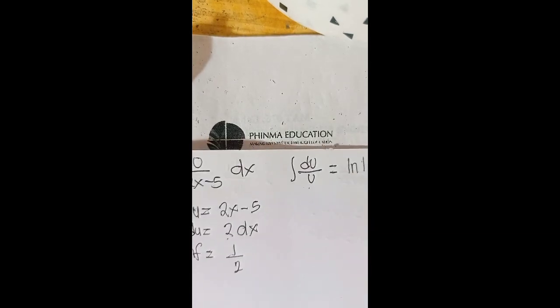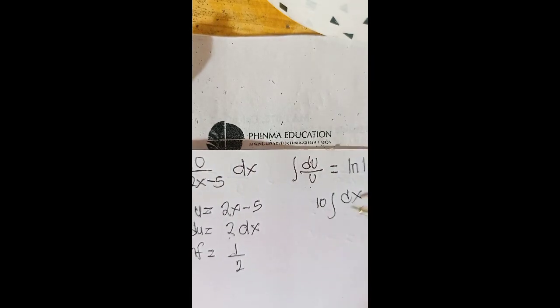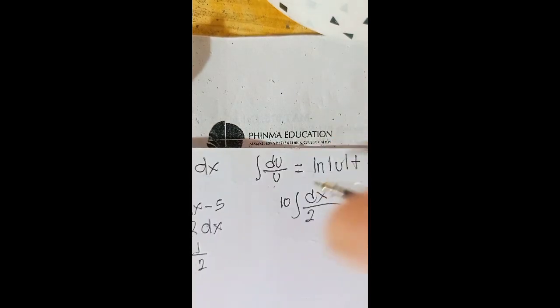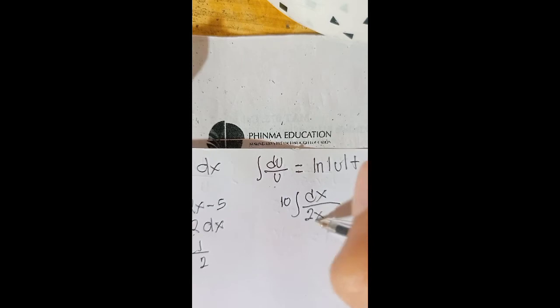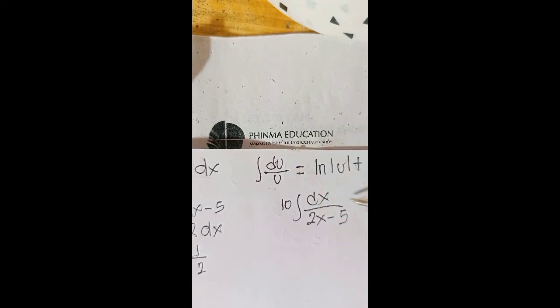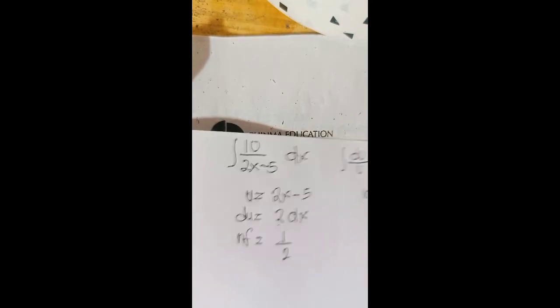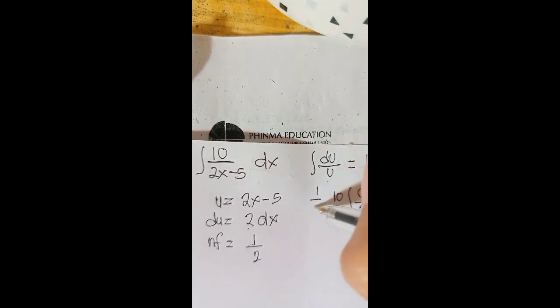So we can write the equation 10 times dx over our u, which is 2x minus 5. Then we multiply by the reciprocal of our du, which is 2 dx, that is, the multiplying factor 1/2.